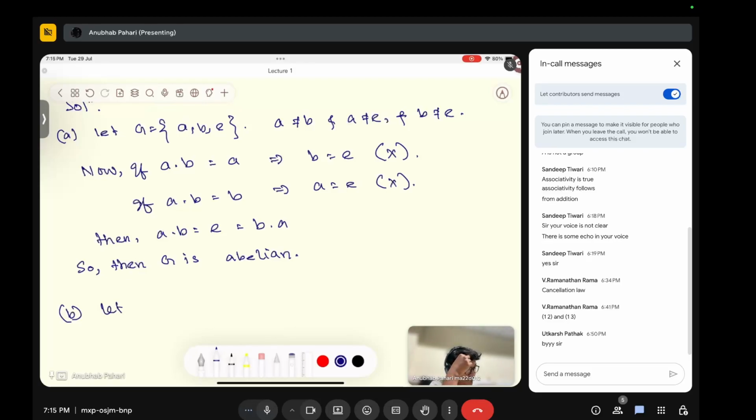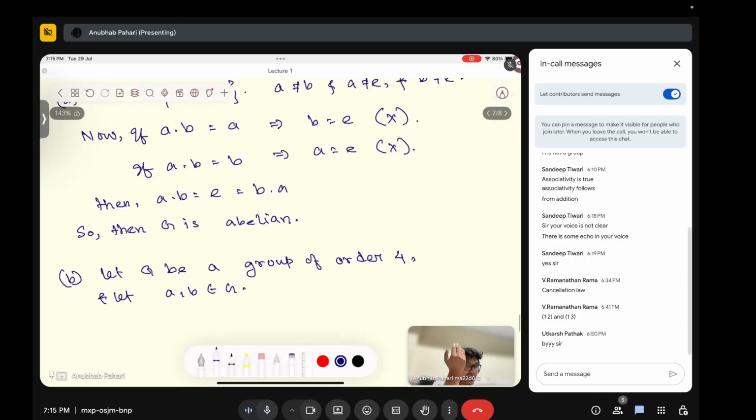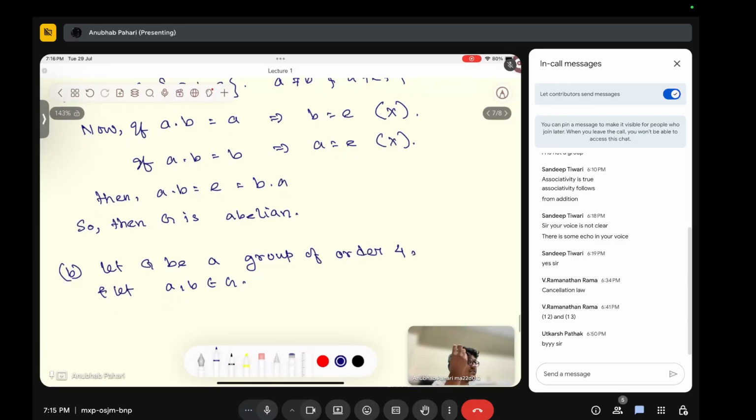Let G be a group of order 4 and let A, B belong to G. We do not assume if A and B are identity or anything.